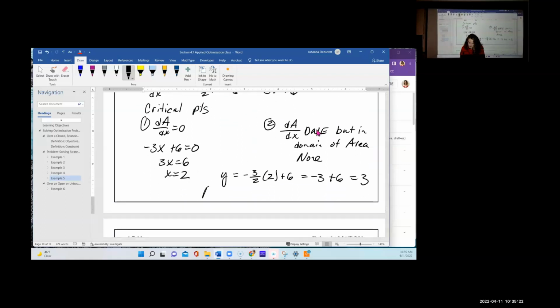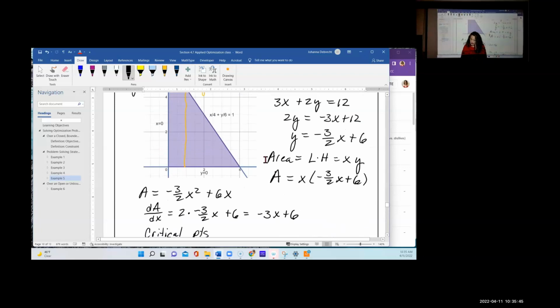So my area would be x times y, which is 6. Well, we don't know that it's inches. What should we call it? Units. 6 square units. All right.